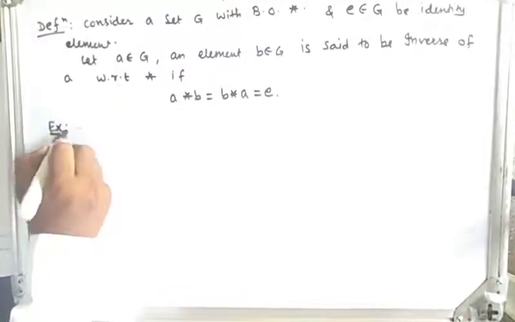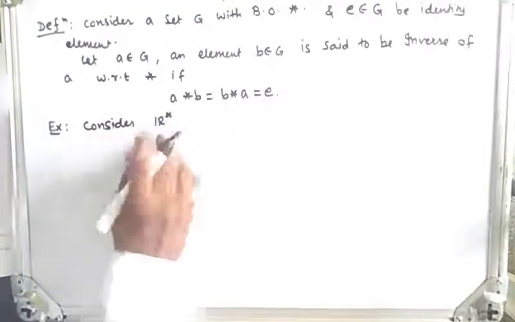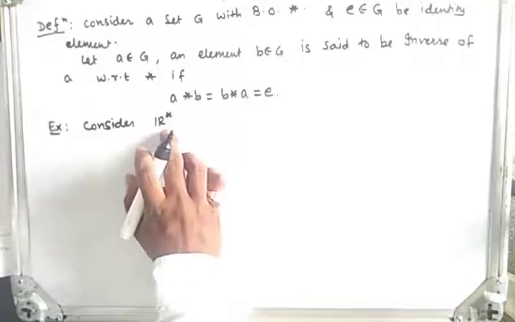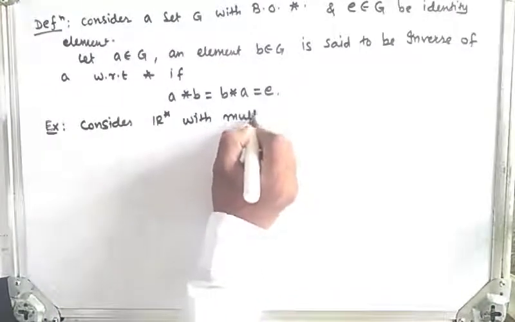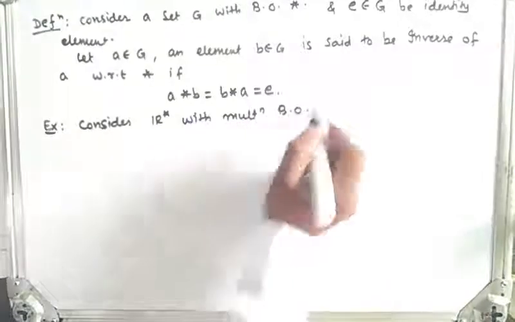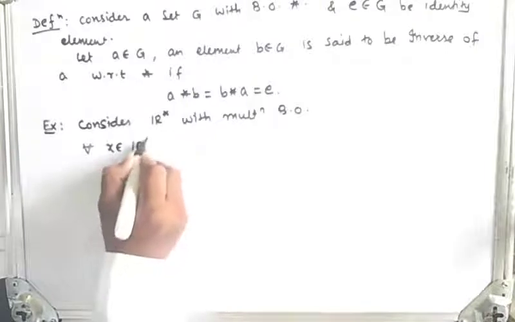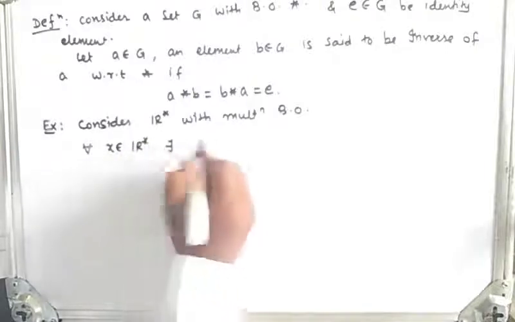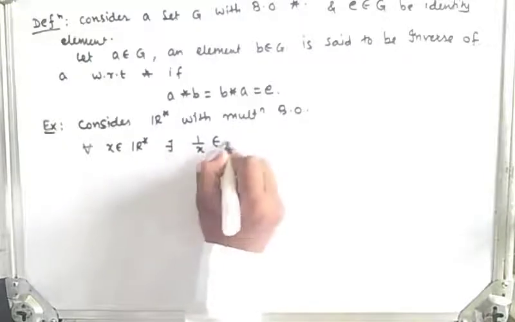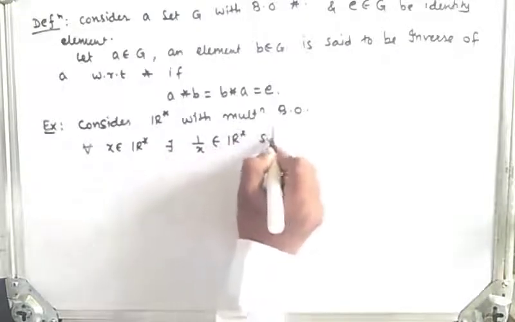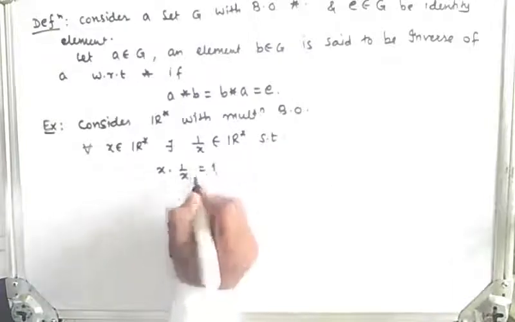Another example, consider R star, the non-zero real numbers, with multiplication as the binary operation. For all x belongs to R star, there exists 1 upon x that also belongs to R star, such that x into 1 upon x is equal to 1.